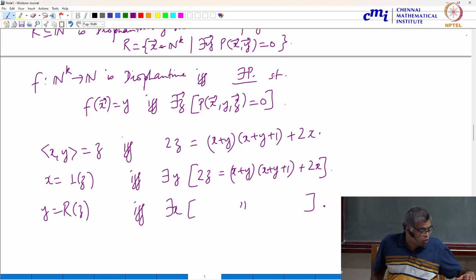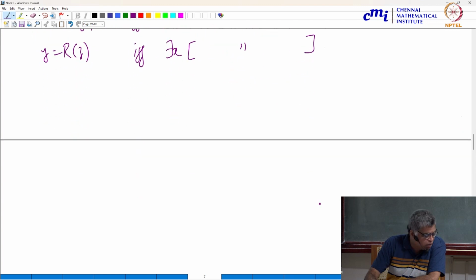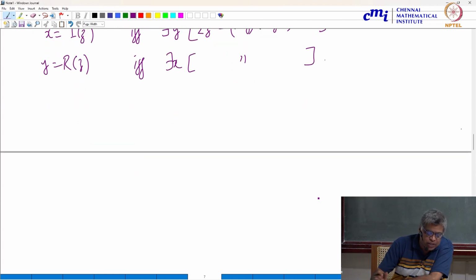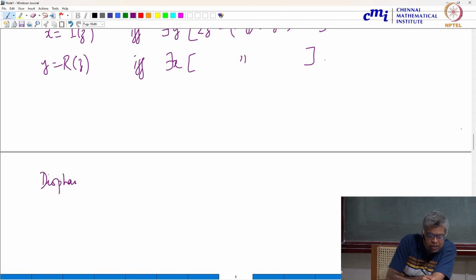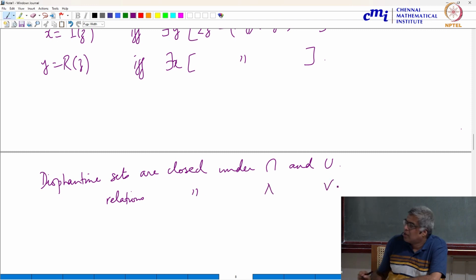Okay. So now somebody said that you can sort of compress a system of equations into one equation, right? Formally you can state it by saying that Diophantine sets and relations are closed under these operations.